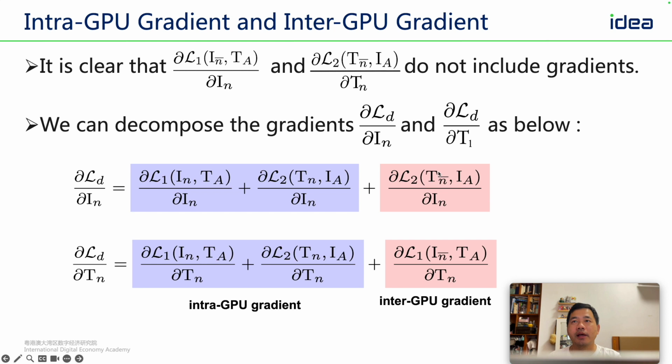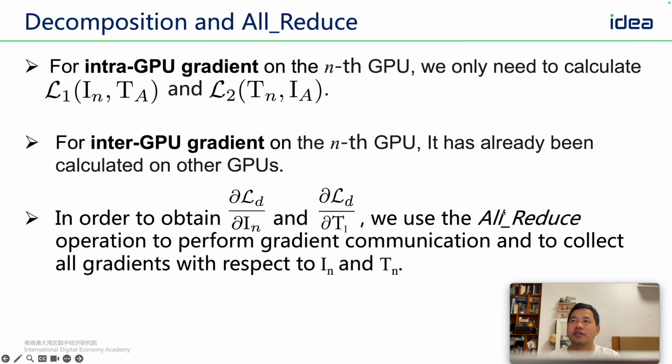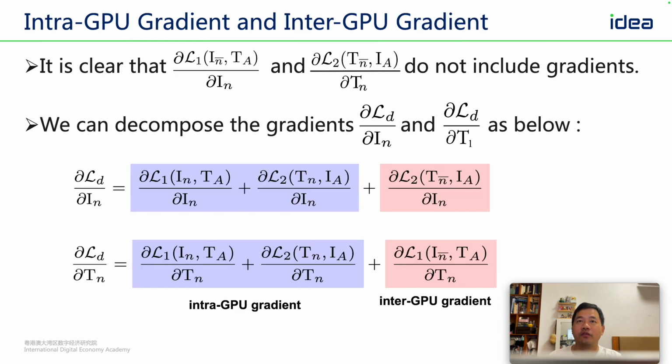It will be calculated in the other capital N minus 1 GPUs. So what we need to do here is use torch dot all reduce to communicate between GPUs and collect all the gradients. So for this part we calculate it in the current GPU, and for this part we use torch dot all reduce to collect from other GPUs.